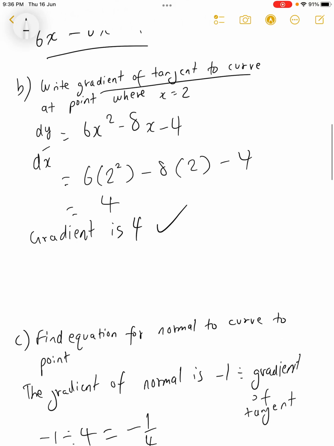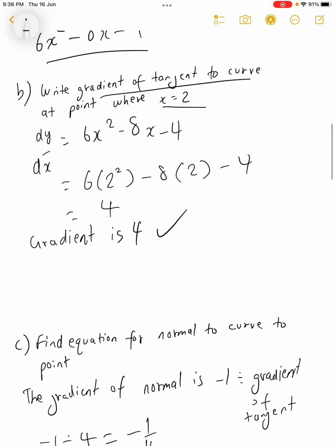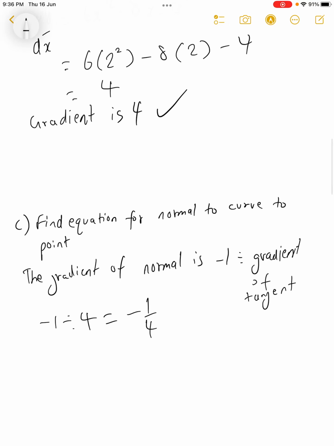Okay, and next one, to the point. Since we know that x equals 2, we have to find the y value, which will be 4.